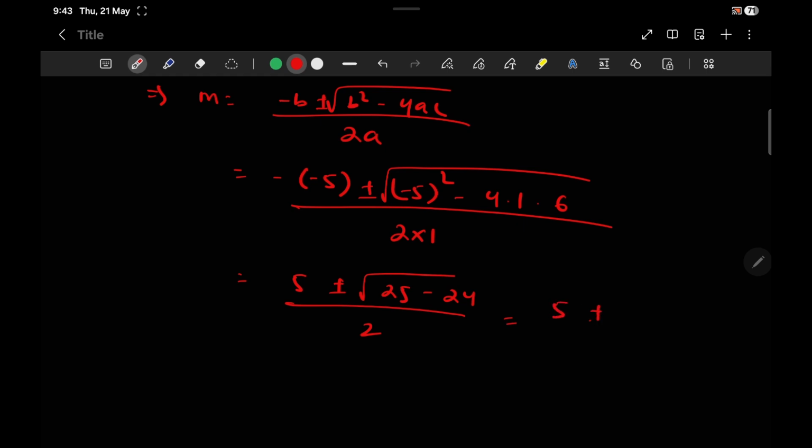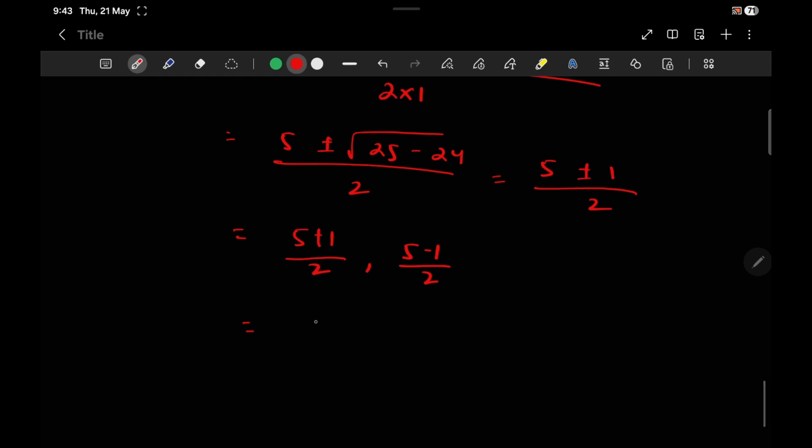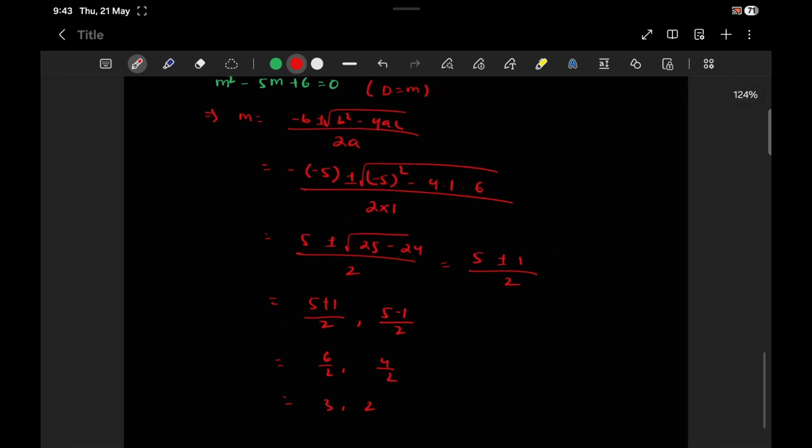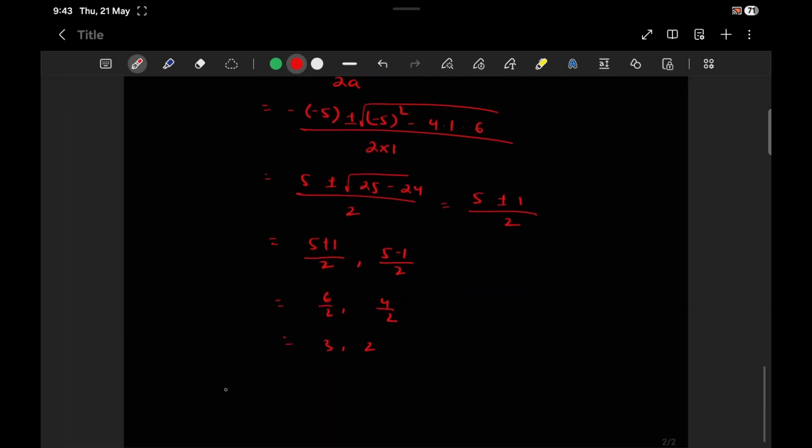So (5 ± 1) divided by 2. So it becomes (5 + 1)/2 and (5 - 1)/2. So it is 6/2 and 4/2, that is 3 and 2. So we have our roots m as 3 and 2.